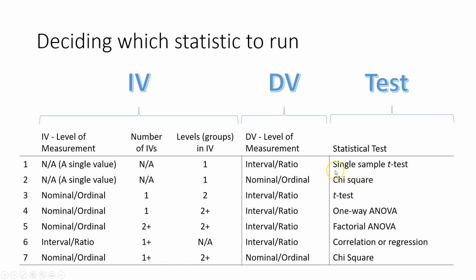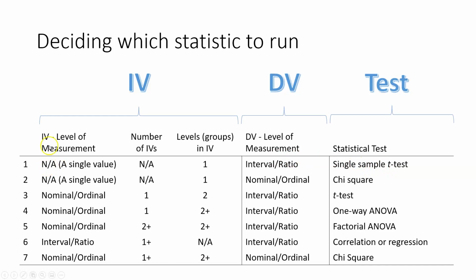Think back to when we did the single sample t-test. You remember that in that situation, you would compare one score, like somebody's IQ, against the population parameter that was known. So the average IQ in the country is 100, and you might take a sample of people and compare their average IQ against that average in the population of 100.